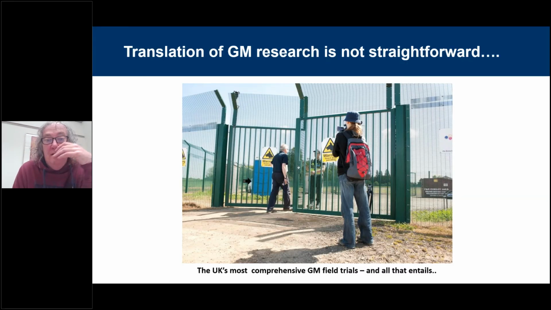What we discovered was that doing translation of GM research is not straightforward at all. We're lucky that at Rothamsted we had some experience of running GM field trials in the 1990s. And the problem was that those trials got vandalized by activists.